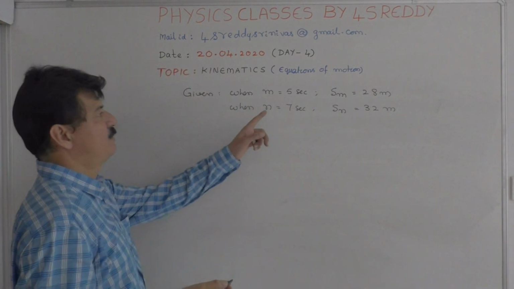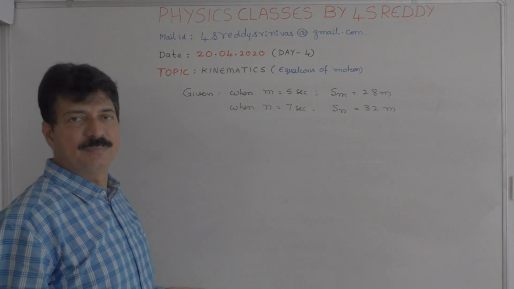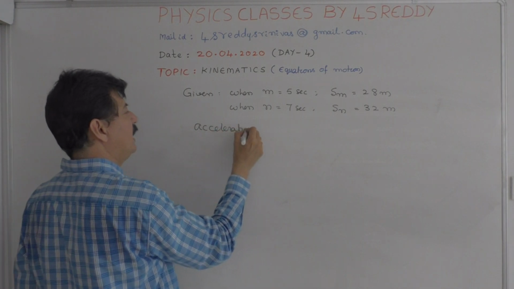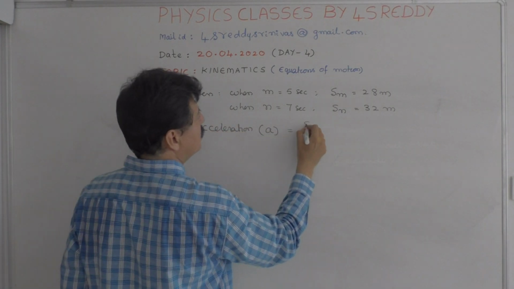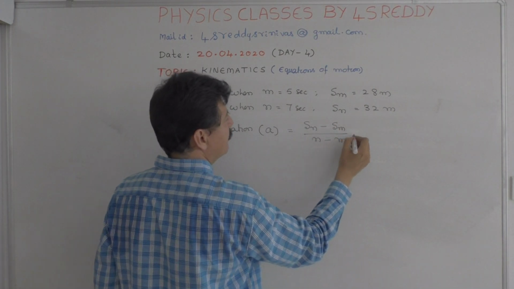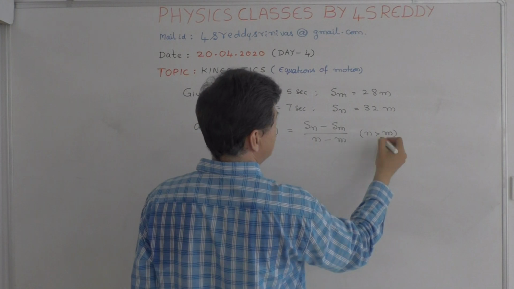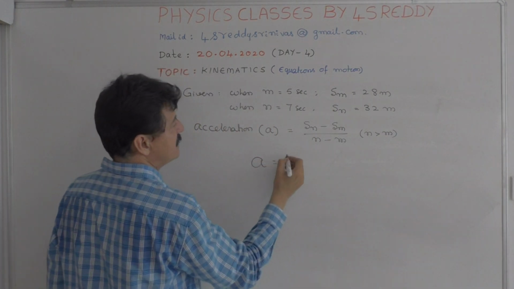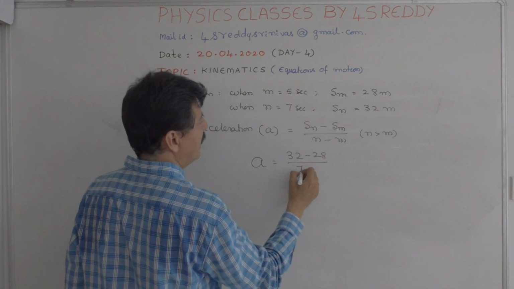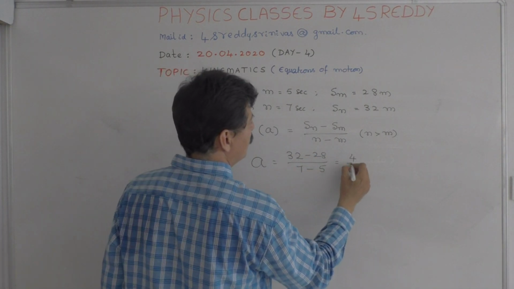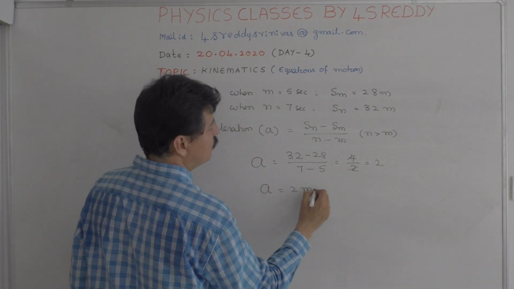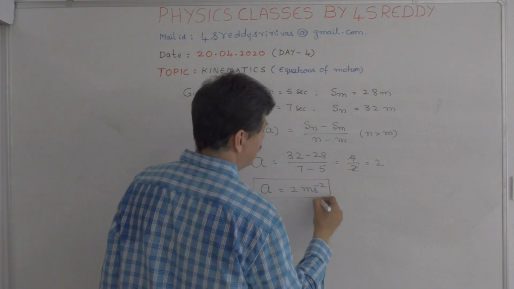So here, n is greater than m. Therefore, straight away you can calculate acceleration a equals Sn minus Sm by n minus m, since n is greater than m. Therefore, a equals 32 minus 28 by 7 minus 5, that is 4 by 2, that is 2. So, a is equal to 2 meters per second square.